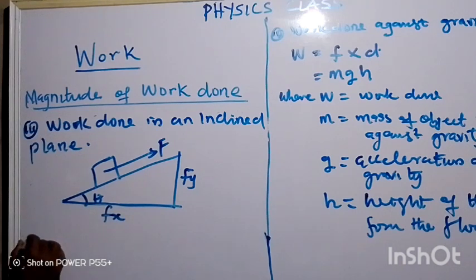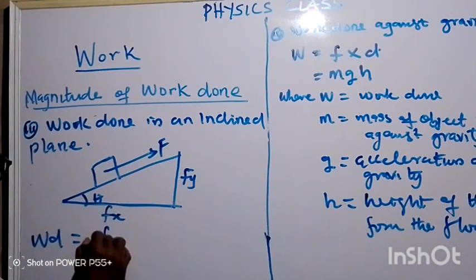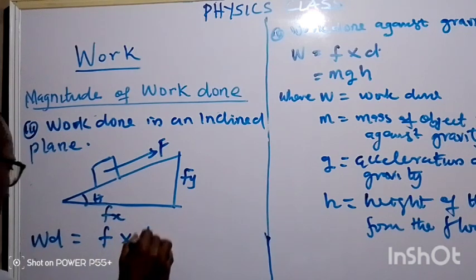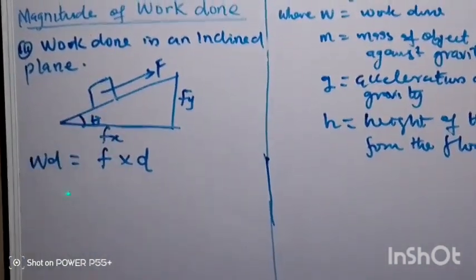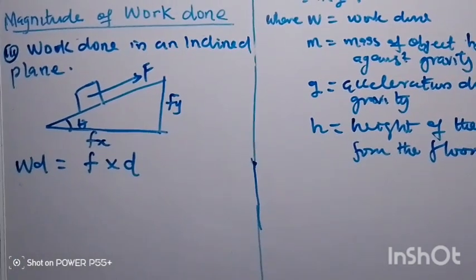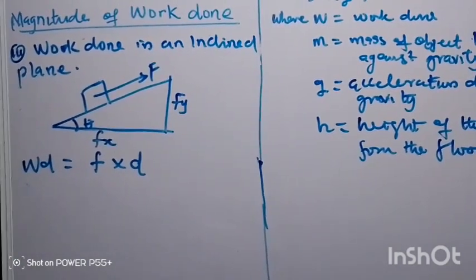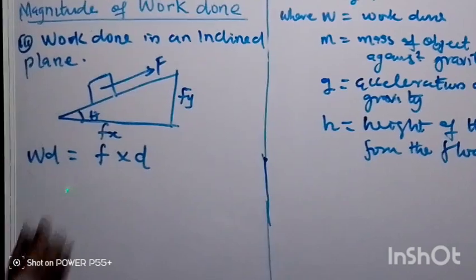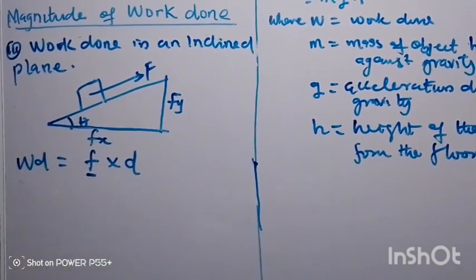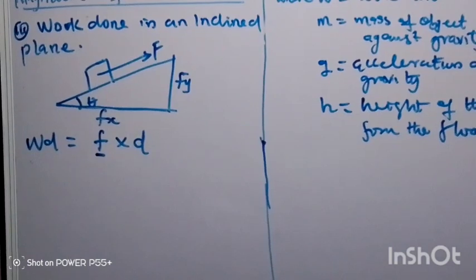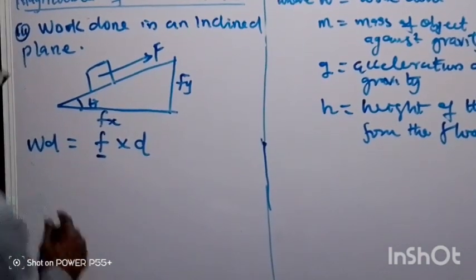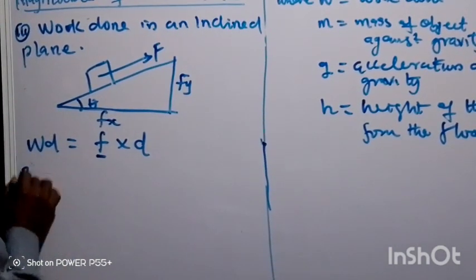So we know that work done is equal to F multiplied by distance, the displacement. But here, since this force makes an angle to the horizontal, our F can be resolved into Fx and Fy.